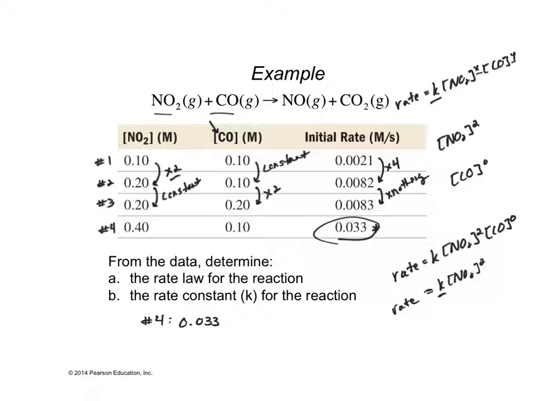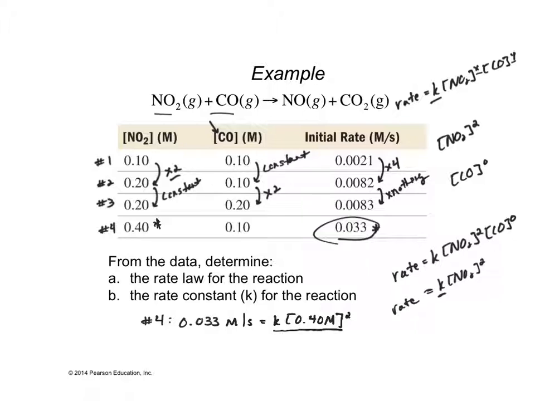What are the units for this initial rate? Molar per second. This is equal to k times the concentration of NO2 in experiment number 4, okay? So this is 0.40 molar squared, okay? So now I've plugged in everything. All I have to do is solve for k.